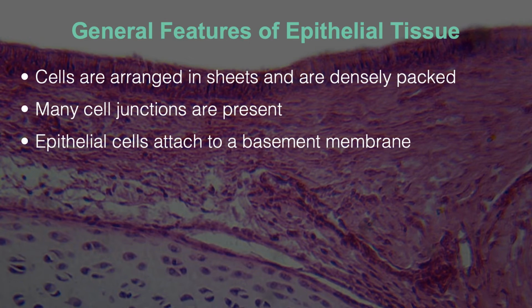They will eventually attach to a basement membrane. That flat surface that anchors the cells, where the hemidesmosomes anchor the cells, it's called a basement membrane. Just like the basement is the lowest point in a house, the basement membrane is the lowest point of connection for the epithelial cells.